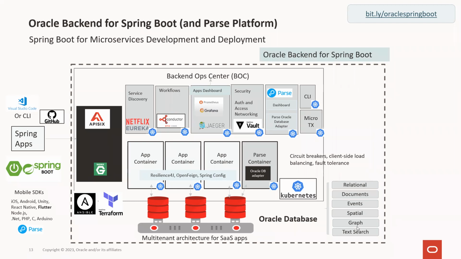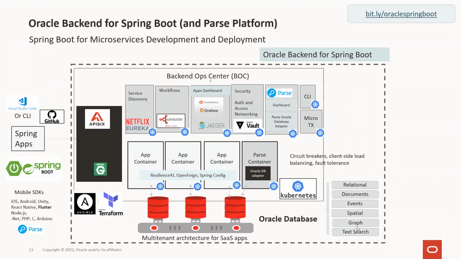The app container is where you as a developer would put your applications and run them. So you have Resilience4j, OpenFeign, Spring Config, and all these things available. When you deploy, we will help make sure that things are integrated into the tools.